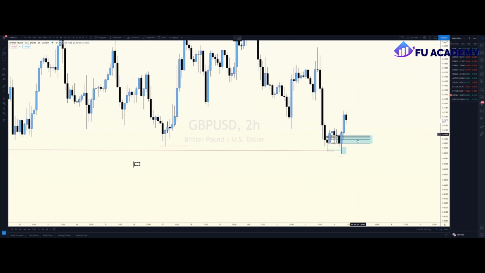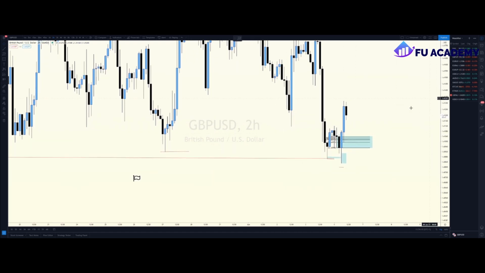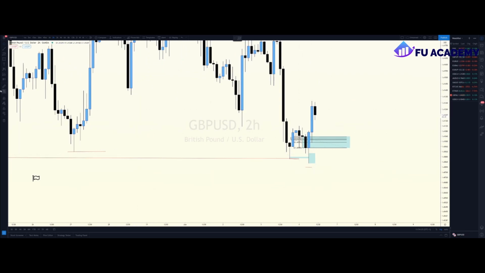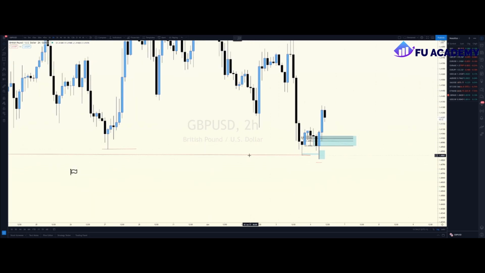Now, that doesn't mean that this whole move is just going to be a bullish move. This potentially could just go up, fill in 50% of this, and start going down. But this allows us to catch very, very nice short-term trades, day trades or scalps, whatever it is. This allows us to catch these small moves, and this move is to be reckoned with because it was nearly a 30-pip move. With a nice RR and a small stop loss, this is a perfect trade that you were able to capitalize on.